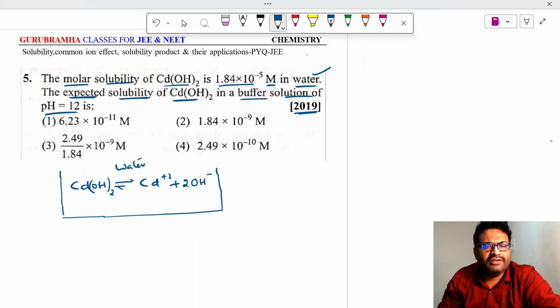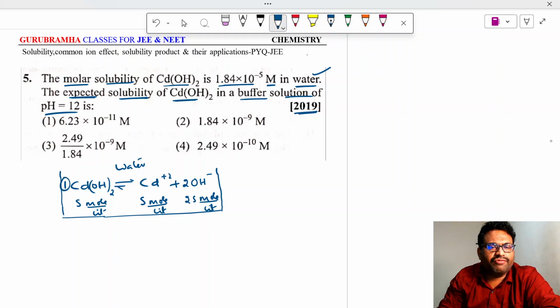Let S moles per liter be the solubility of cadmium hydroxide. Then Cd plus 2 will also be S mole per liter, and OH minus will be 2S mole per liter, because 1 dissociates to form 1, but here it gives 2. Let us write the relation between Ksp and solubility.